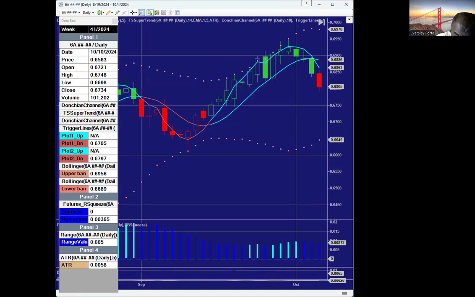Let me get my computer. 0.6904 minus 0.6782. You can see it in the chat window.